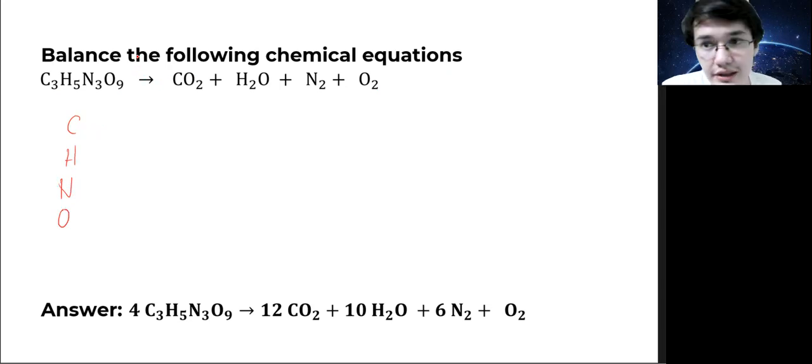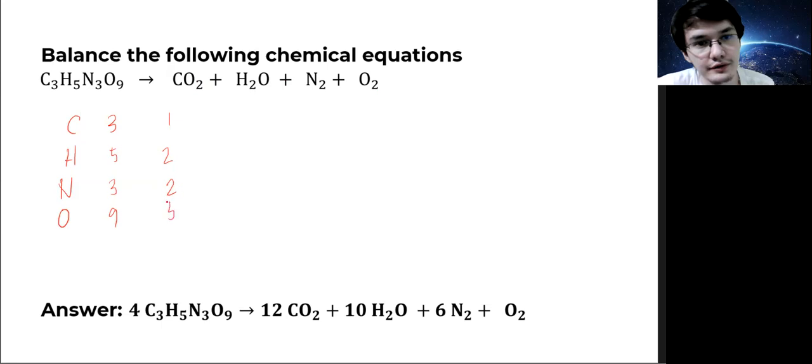So basically, trial and error na din siya. Na-tay 3, 5, 3, 9. Na-tay 1, 2, 2, and 2, 5.